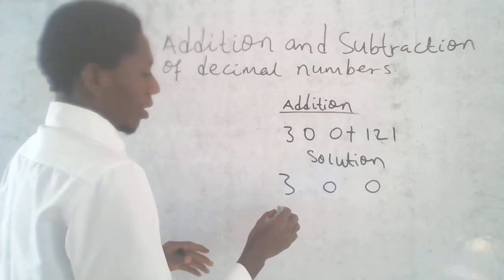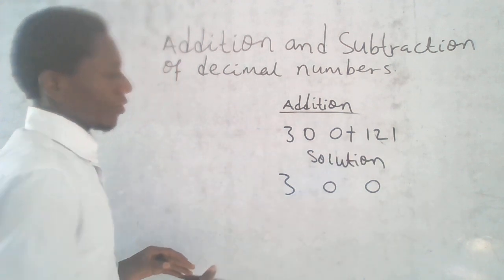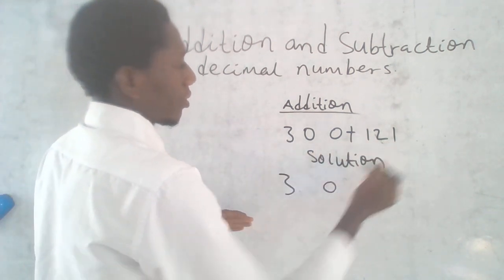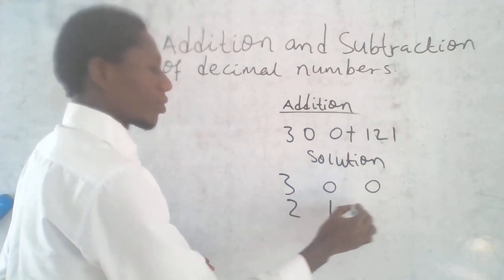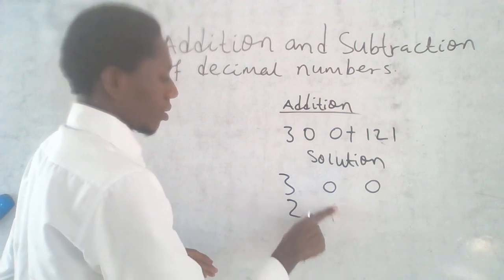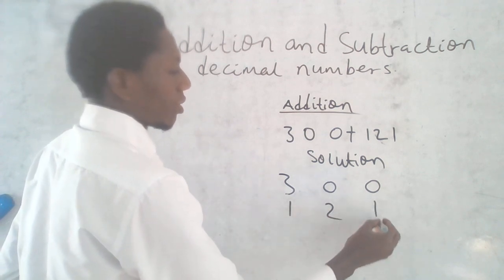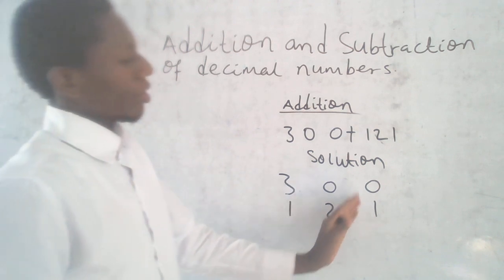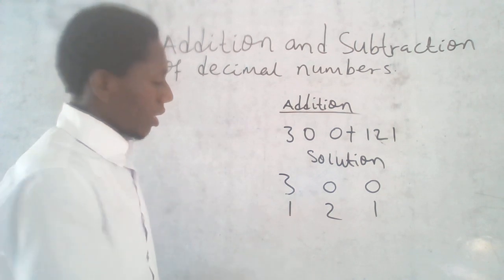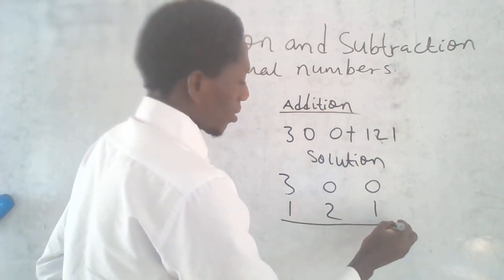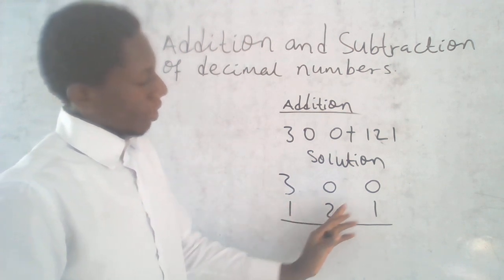Okay, so we have 300 written first, then we have 120. Sorry, this is 121. You can see that they are arranged on a straight line. The row is straight. Everybody has a partner here.